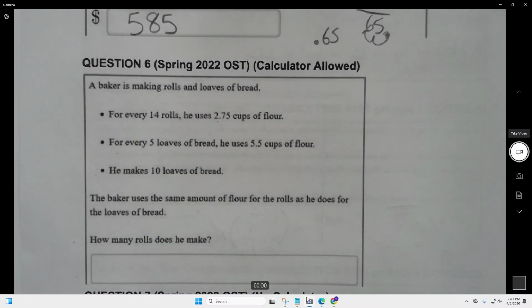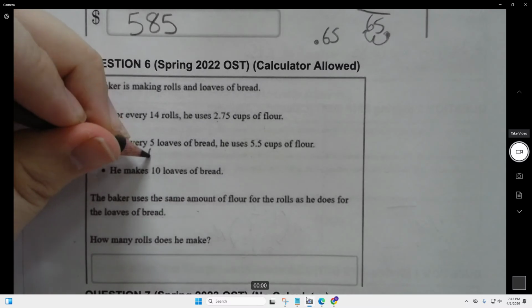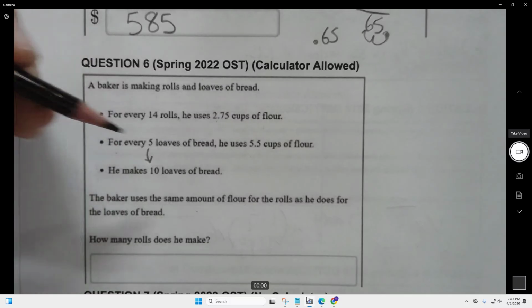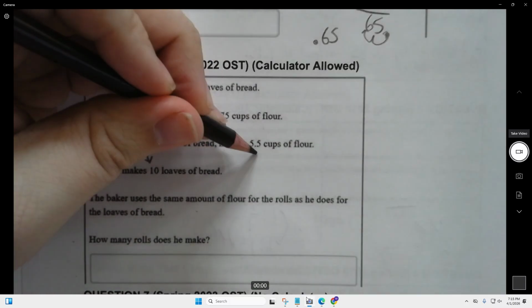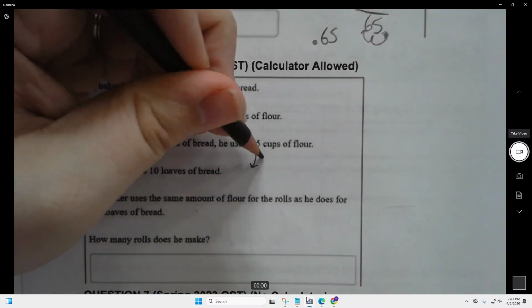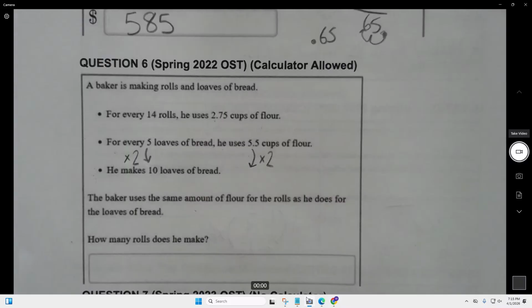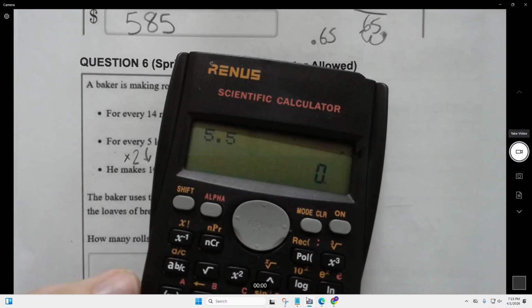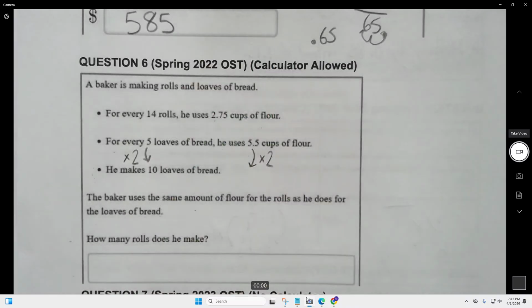Okay, so if he's making 10 loaves of bread, for every 5 loaves, he uses 5.5 cups. He's making a double order, so he'll need a double of 5.5. 5.5 times 2 is 11.